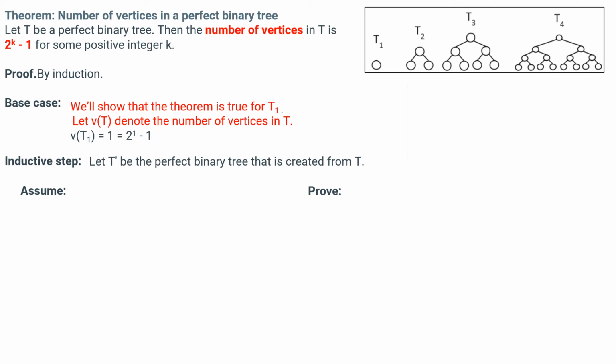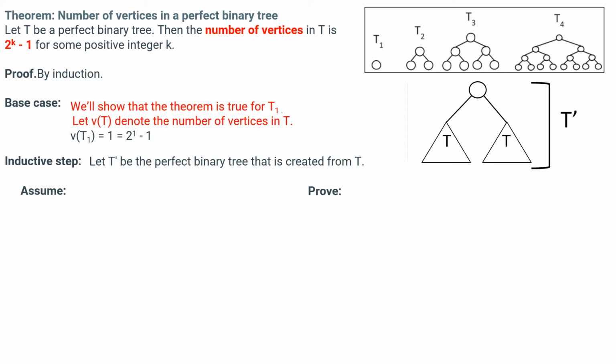Let's say that T prime is the perfect binary tree that's created from any old tree called T. Okay, so over here, imagine that we have some tree there. I've just made a triangular shape because it could have all kinds of numbers of levels. So we're just saying some generic tree T, and I'm going to make a new element from that. So I would take a copy of T and then put two edges that join a vertex at the top, and that would give me my new T prime, right?